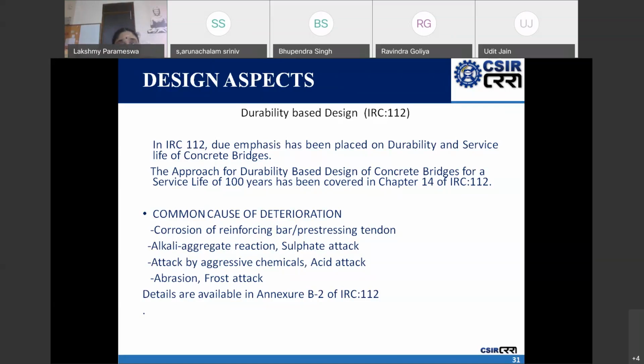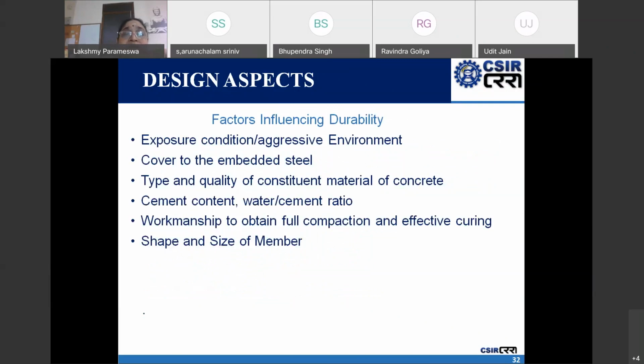So the deterioration mechanisms which have been identified are corrosion of reinforcing or pre-stressing tendon, alkali silica reaction or sulfate attack by aggressive chemicals or acid attack, abrasion, frost attack, etc. So they have been adequately addressed in IRC 112. And what are the parameters which influence the durability?